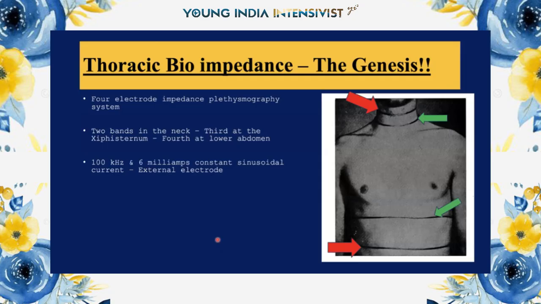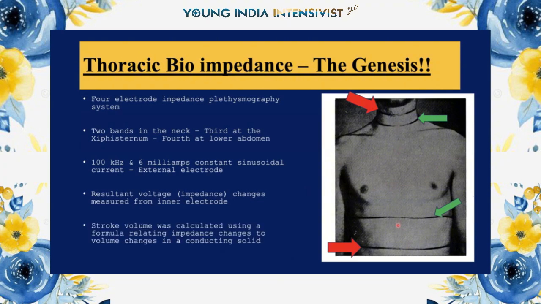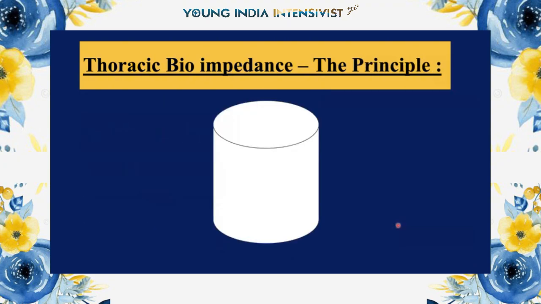They have passed a 6 milliamp constant sinusoidal current, and through the external electrodes and the internal electrodes they have measured the impedance, and they tried to calculate the stroke volume. How? We will see. Let us assume that our thorax is this cylinder and you are passing an electric current.